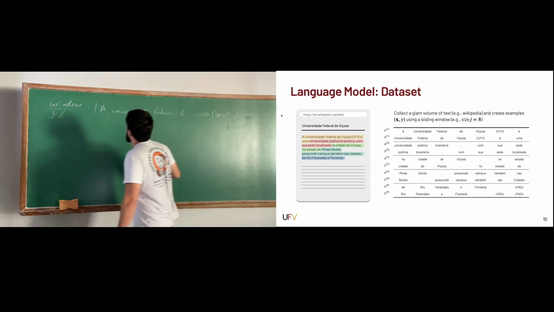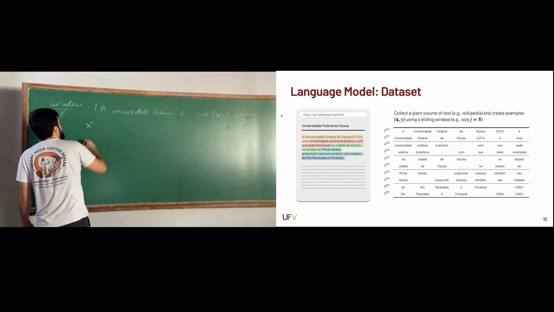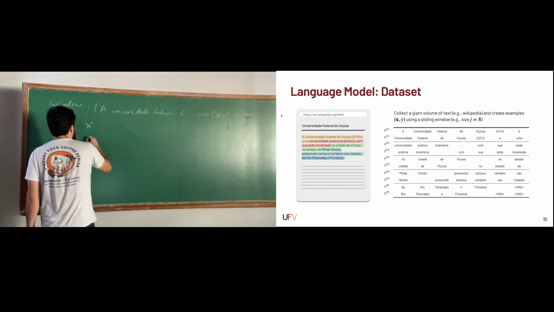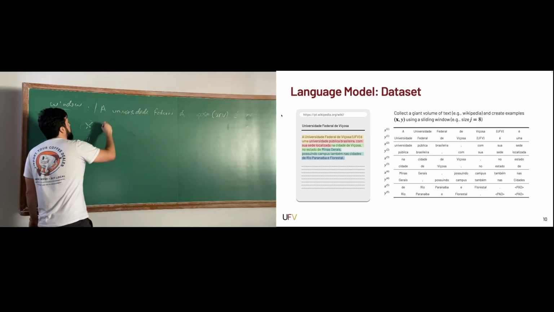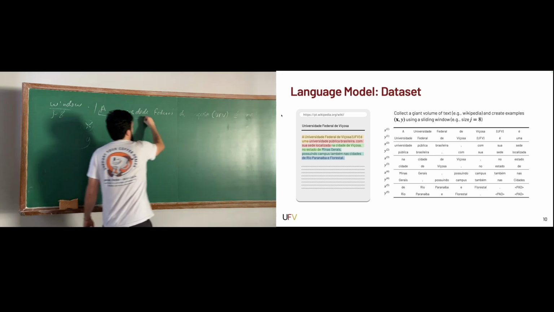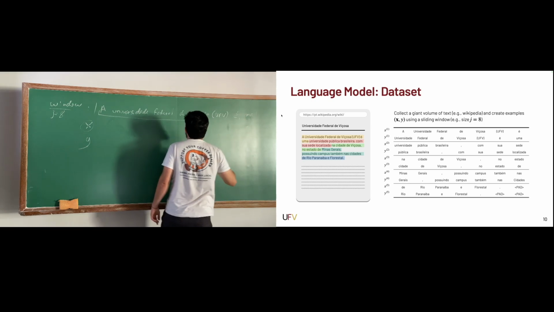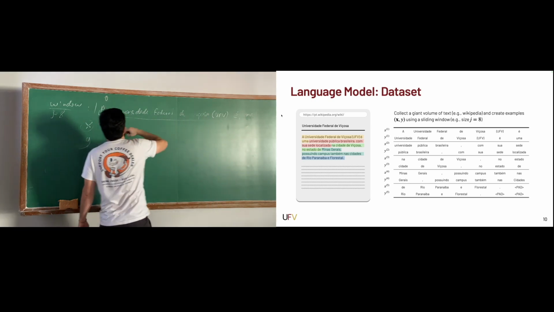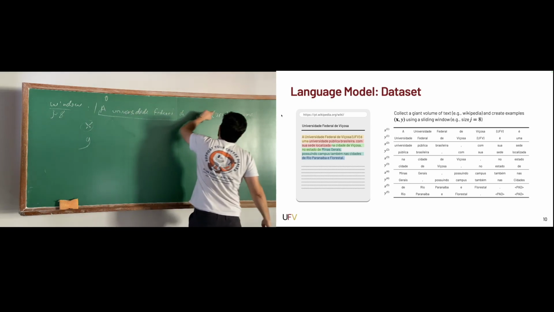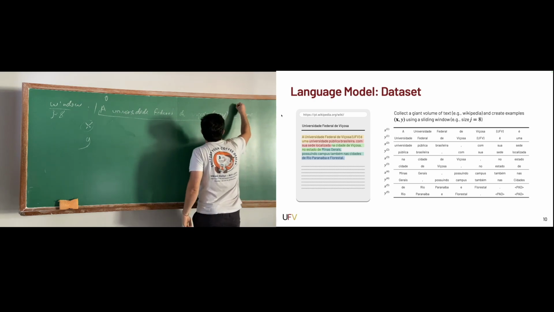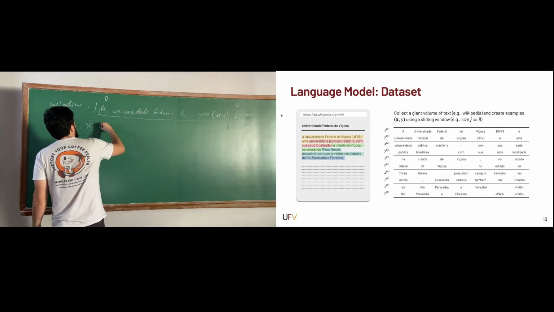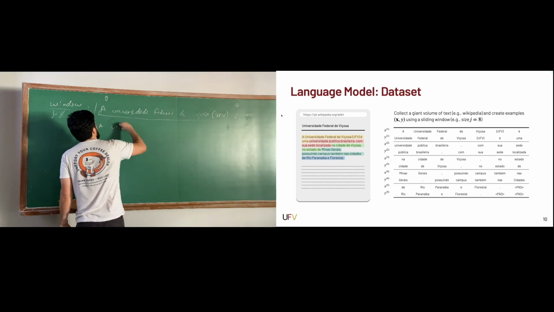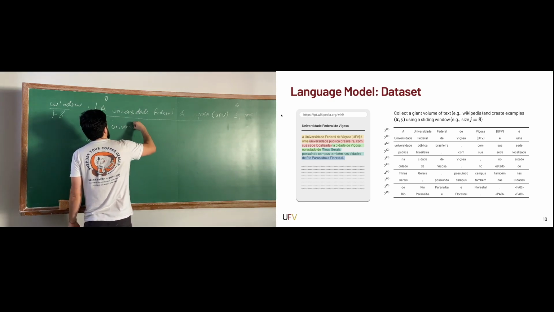And what I'm going to do is make an input and an output. And to build my input, I'm going to pick all the words from 0, 1, 2, 3, 4, 5, 6, right? So 0 to 6. And this is going to be my X. This would be Universidade.